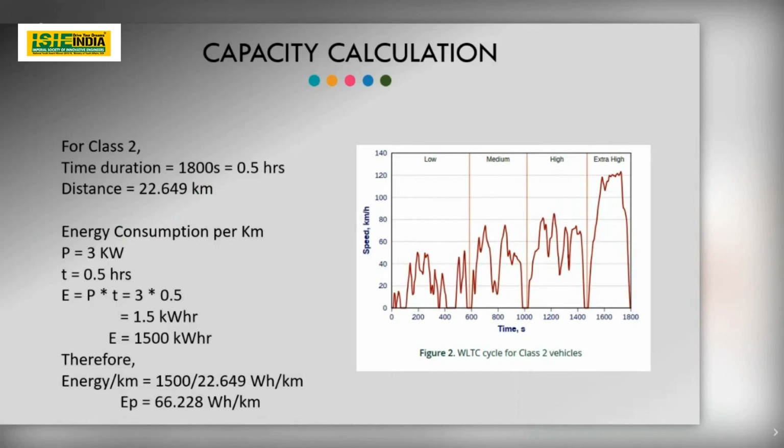Now let's calculate the energy consumption per kilometer. We know that energy is equal to power into time. So we have a motor with rated power 3 kilowatt, and we know the cycles are considered for half an hour, so time is equal to 0.5 hours.